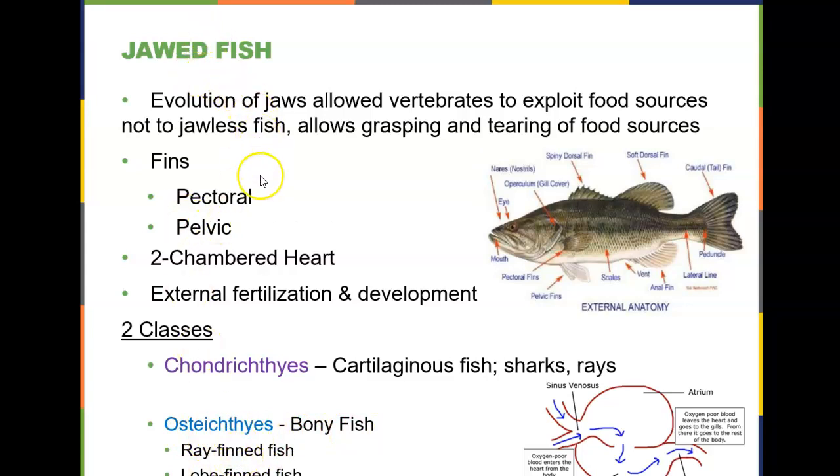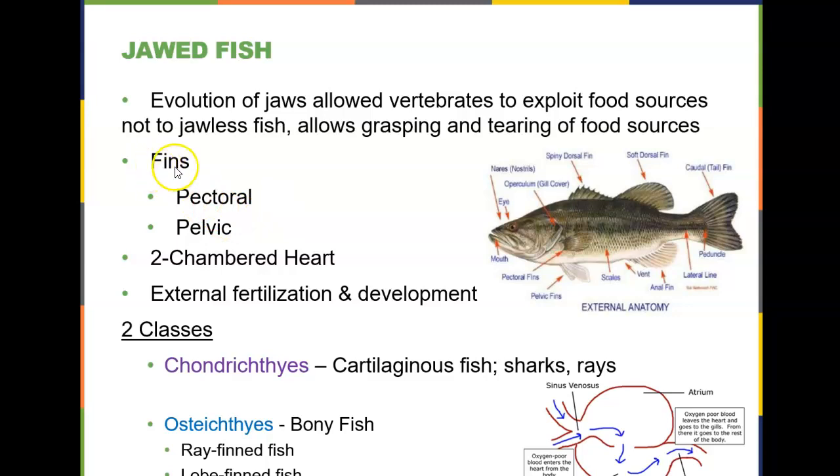But for all of these jawed fish, it looks like the evolution of jaws allowed these vertebrates to better utilize their food sources as opposed to the jawless fish, because having jaws allowed for grasping and tearing of food sources.